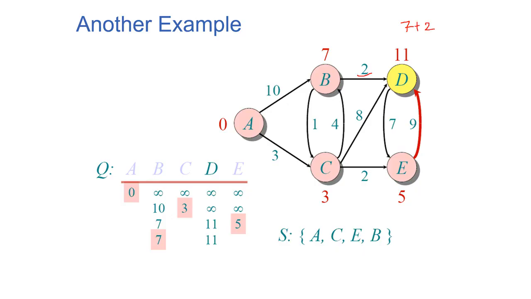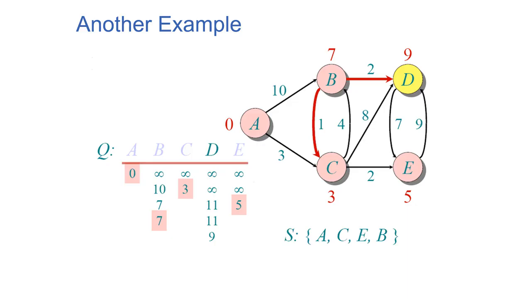So here D can be reachable in 9 units if we know B. We are going to update this distance of D from 11 to 9.